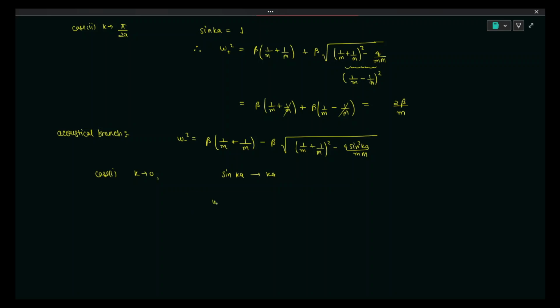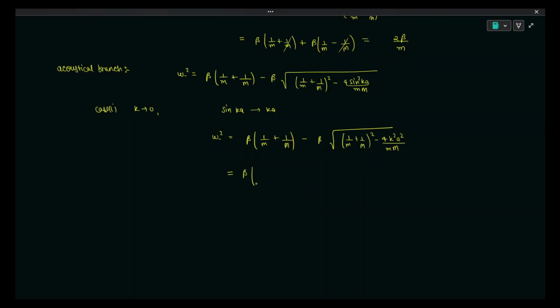So this omega square minus will become beta (1 divided by small m plus 1 divided by capital M) minus beta (1 divided by small m plus 1 divided by capital M) square minus 4 k square a square divided by small m and capital M. Now let's take this first term common out.